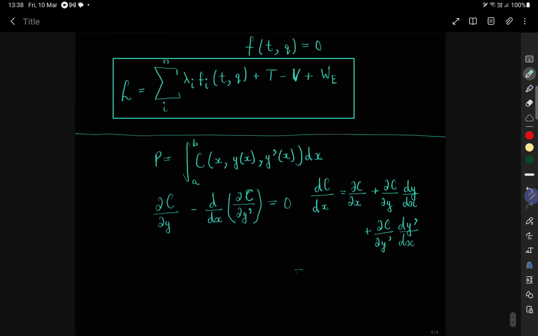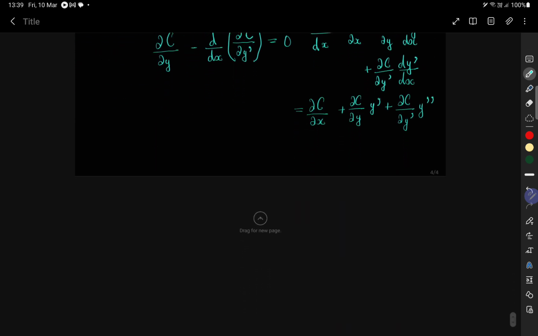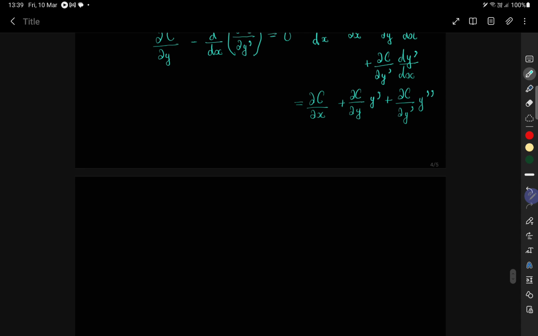If I were to write this in a better way, partial c by partial x plus partial c by partial y times y prime plus partial c by partial y prime times y double prime. Also, prime represents a derivative in terms of x here. I just didn't use the dot because we're not using time here for our derivatives.